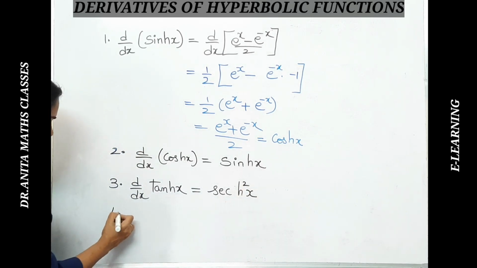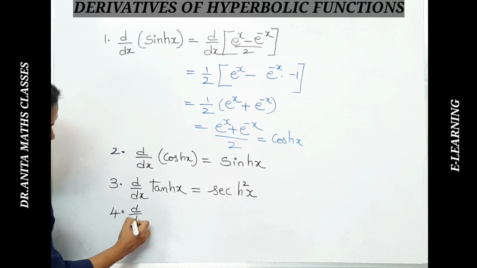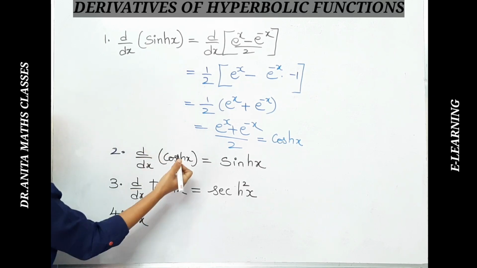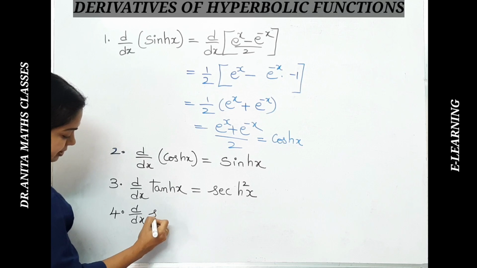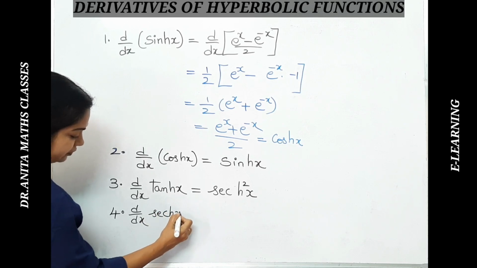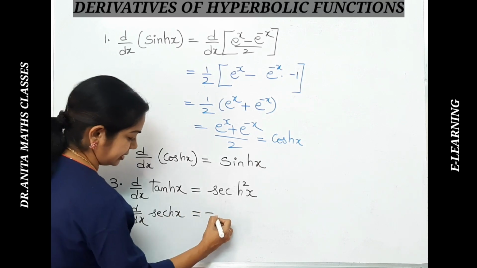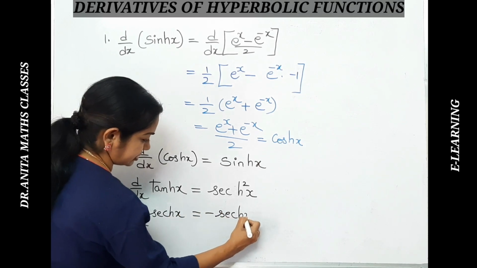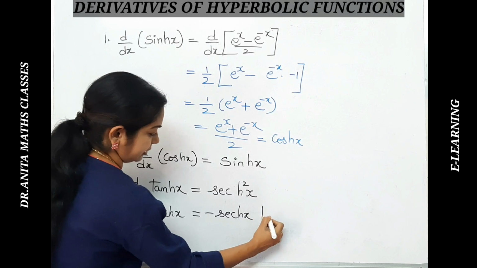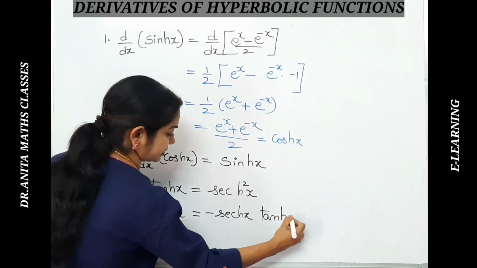Now the fourth one. Here sine, cos, tan are over, so let us come to secant h of x. This is minus secant h of x tan h of x.